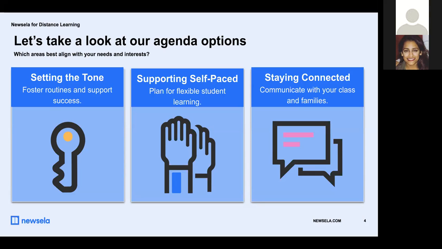With technology today and all these different software, there are a lot of different ways we can put the learning in students' hands with the situation that we are in now. And then lastly, we're going to talk about staying connected. How can you stay connected with your students and with families, caretakers, as we call them, because that ties back into section 1 and wraps everything else very nicely.